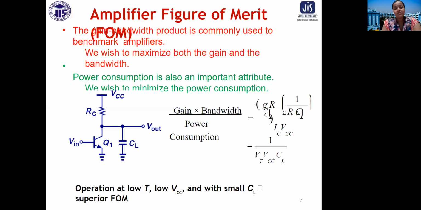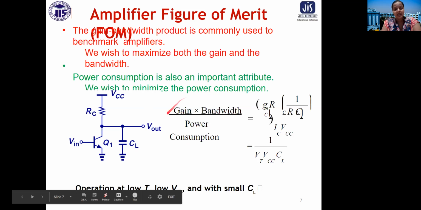We wish to maximize both the gain and the bandwidth. Power consumption is also an important attribute. We wish to minimize the power consumption. So at the same time, we need much more gain and bandwidth, but with reduced power. Consumption of power should be less, and as a result, this ratio will be much higher.